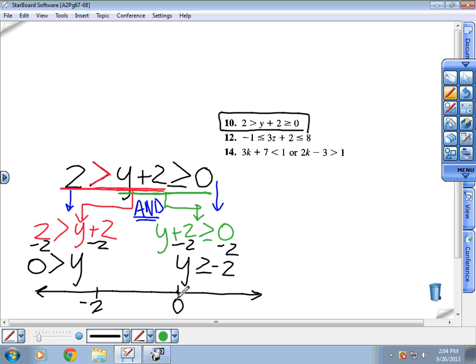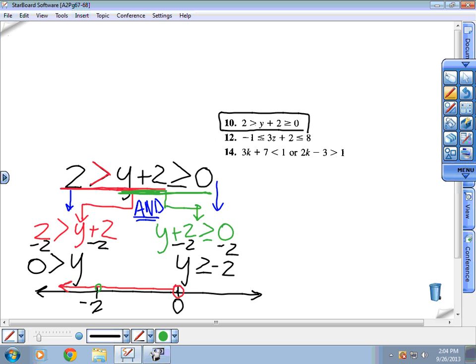Since this is a conjunction, I have to find this spot right in here where I have both red and green, where that makes both of these things true. So 0 is greater than y, or y is less than 0, means it's not going to include 0. So the red side, y is less than 0, goes here. On the green side, we have greater than or equal to -2.